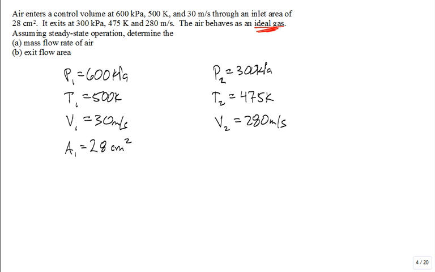When you see ideal gas, it's P equal to rho RT. What is this R right there? R bar divided by the molar mass, right. So if I want to calculate rho at state 1, often I'll write it like this: the pressure at 1, using this ideal gas equation, times the molar mass of the ideal gas fluid, in this case air, divided by R bar T at 1.